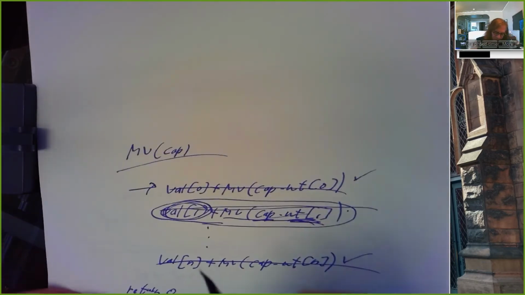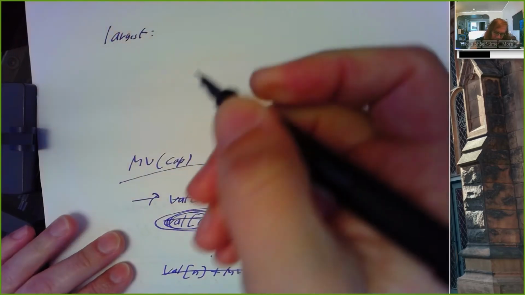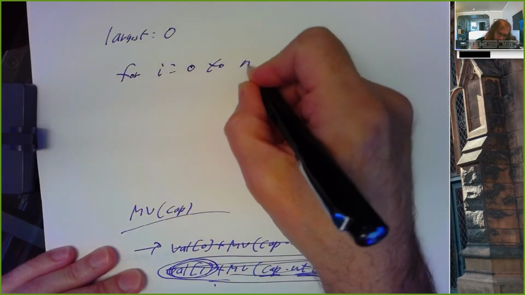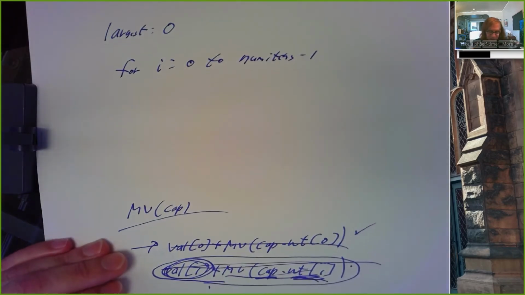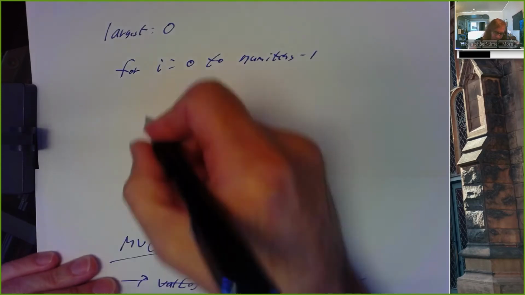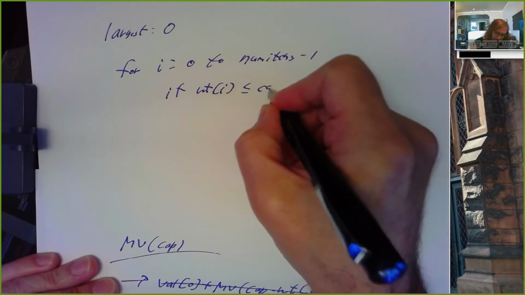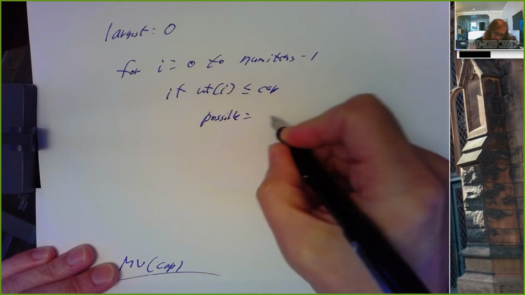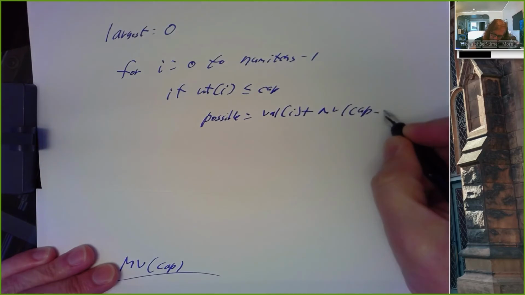But largest equals 0. And then iterate from i equals 0 to num items minus 1. If weight i is less than or equal to capacity, possible equals value i plus maxval of cap minus weight i.